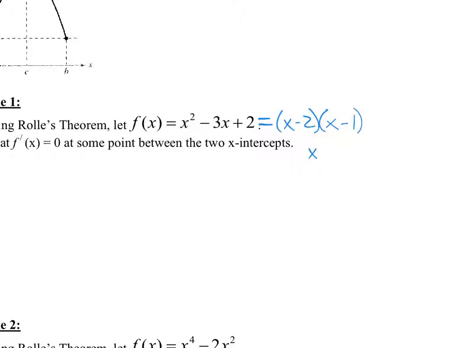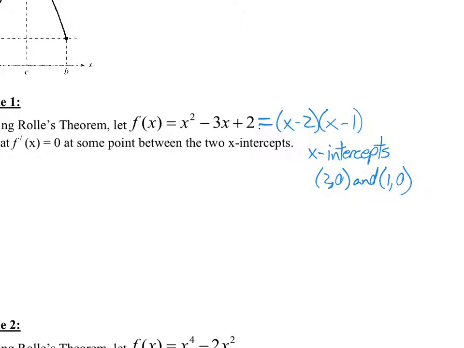So my x-intercepts are at (2, 0) and (1, 0). Oh, sorry, that's a comma. (2, 0) and (1, 0). Okay?